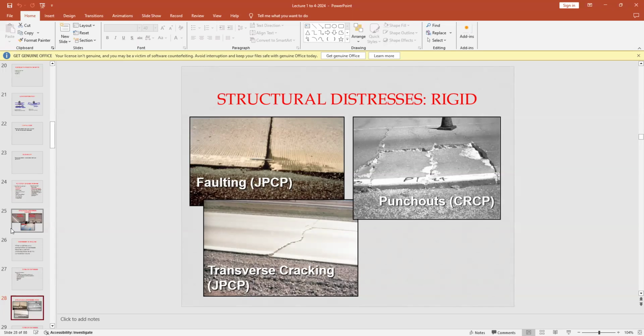But sometimes those cracks come out of that joint. Maybe because of an unexpected coefficient of linear expansion, or sometimes the joint length may be too long for this type of pavement. Sometimes the base also has a problem. So we may have transverse cracking. It's very common.